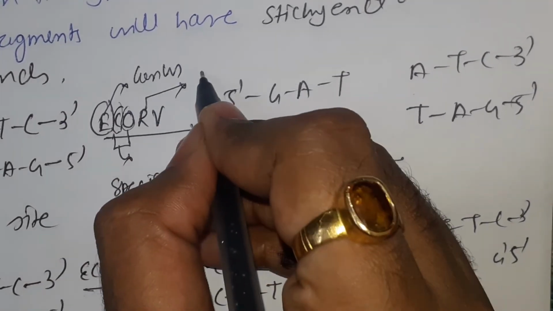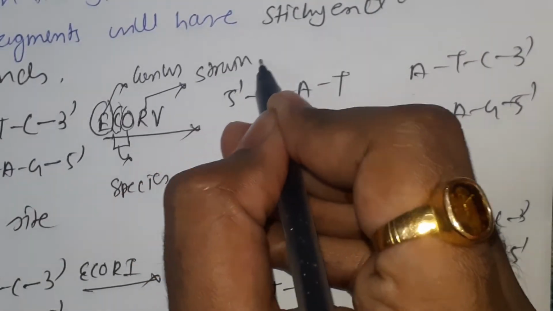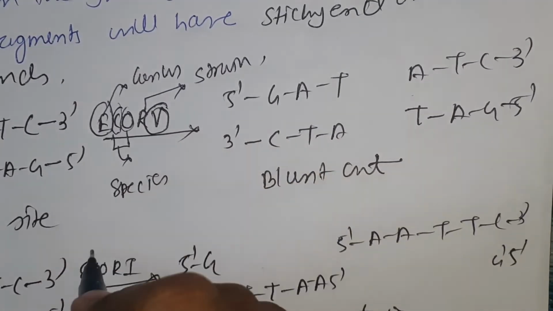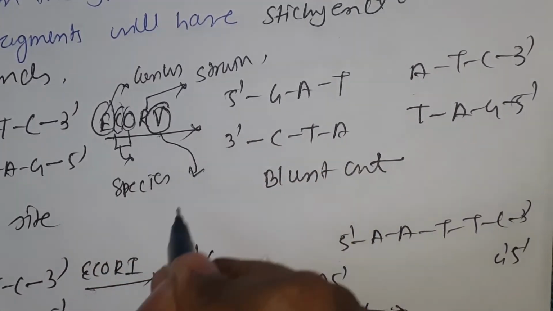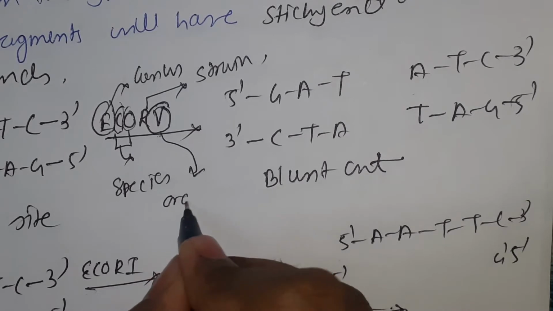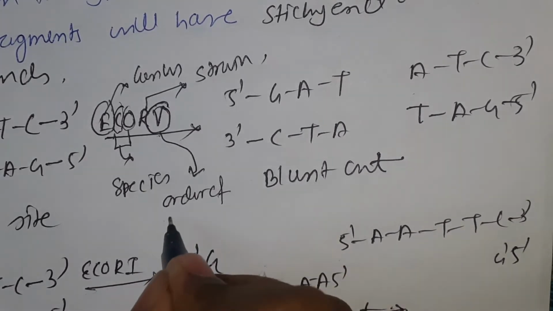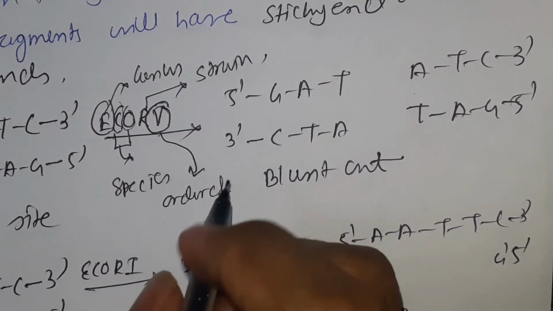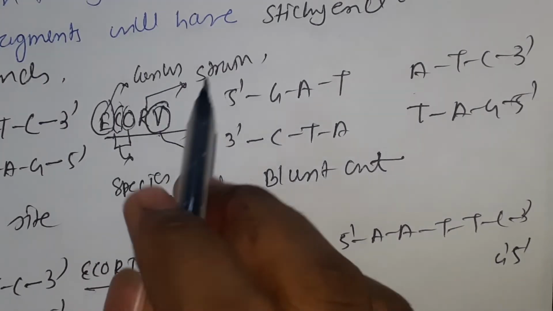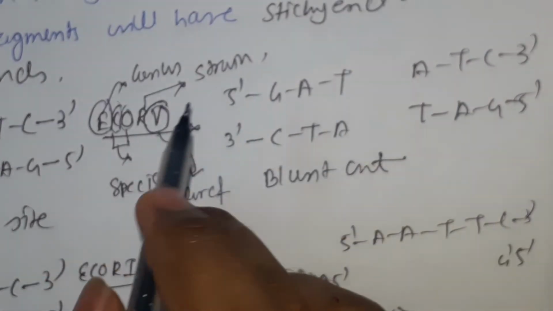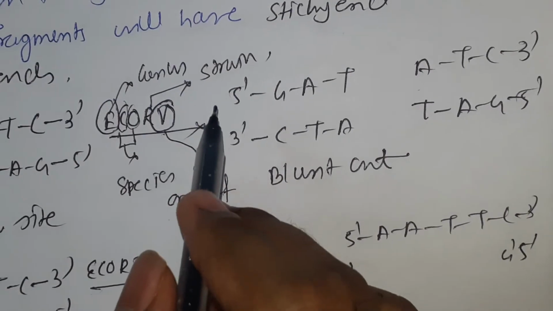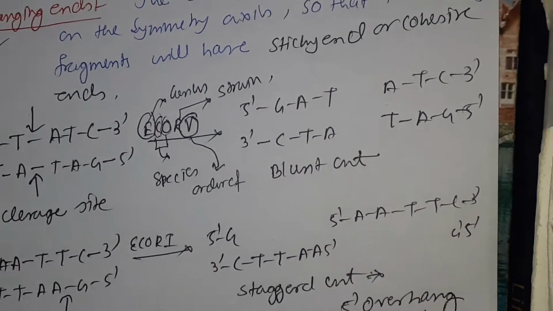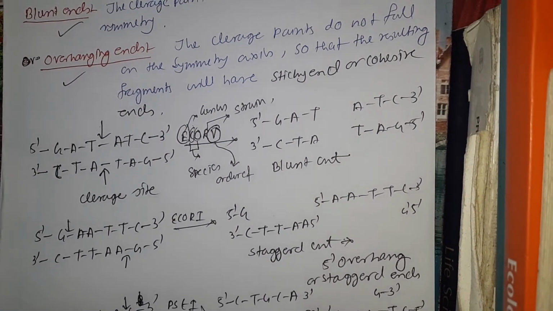The fourth thing tells us about the strain, and the number, usually in Roman numerals, tells us about the order of discovery of the enzyme from that particular bacterium. So EcoRV is the number 5 enzyme isolated from that particular bacterium. Here the bacterium is Escherichia coli, right?